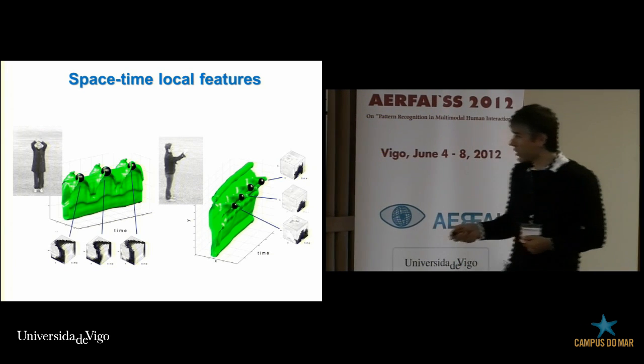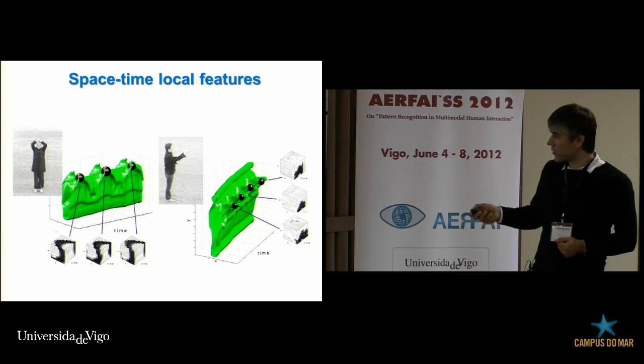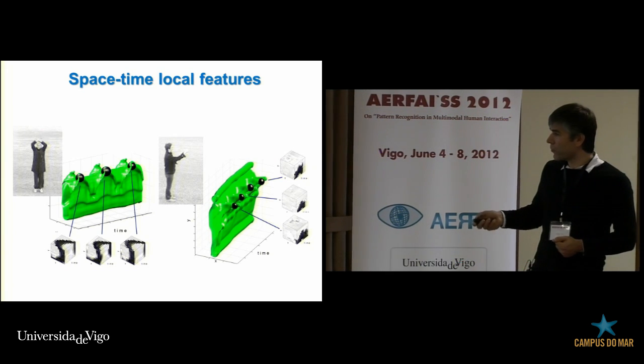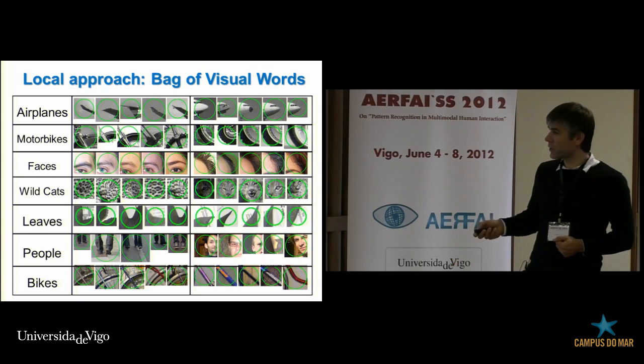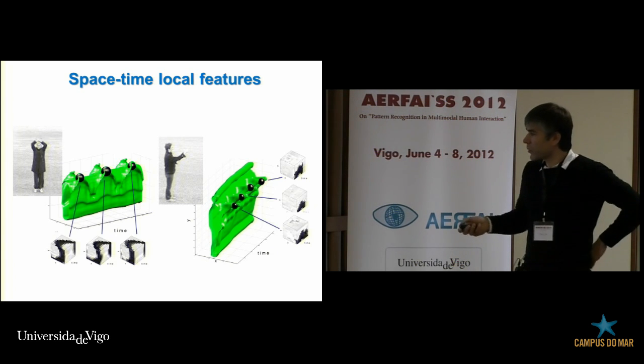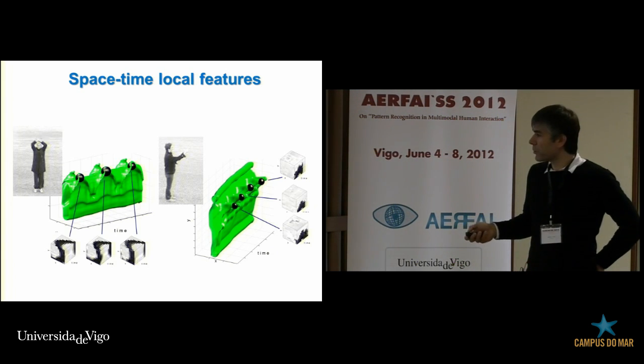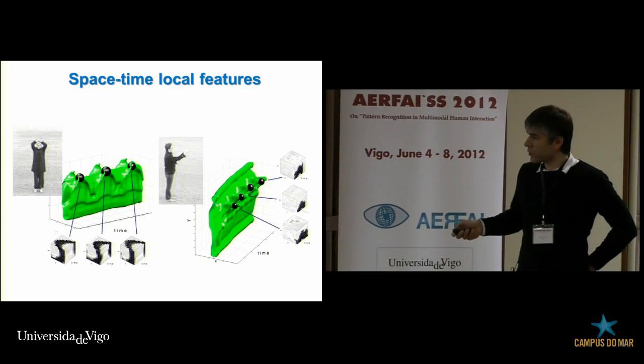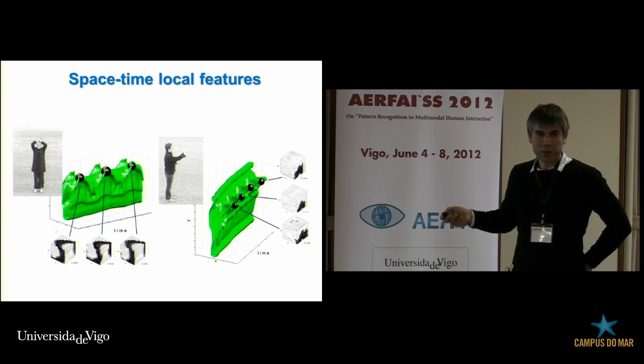And these 3D patches, which are extracted here and here, are really different. So imagine we can build some classifier which just works on local patches and would be able to discriminate between these two actions.